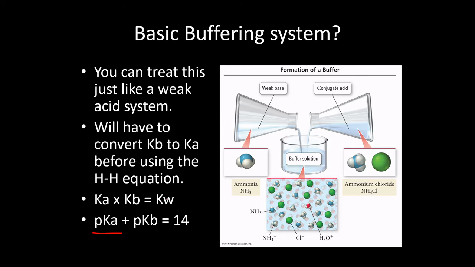We just have to remember that the Ka times Kb is equal to Kw, and if we take the negative log of all that, it's just the pKa plus the pKb is equal to 14. And so it's not too difficult to work out what the pKa of a base is using those equations. So let's do one example of that real quickly.